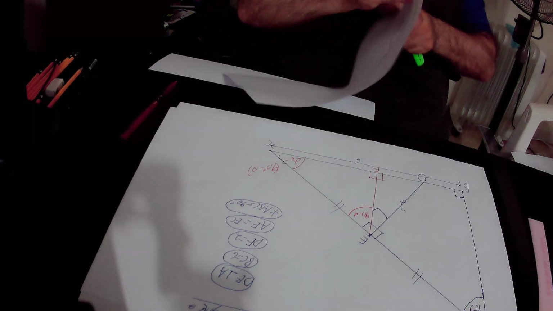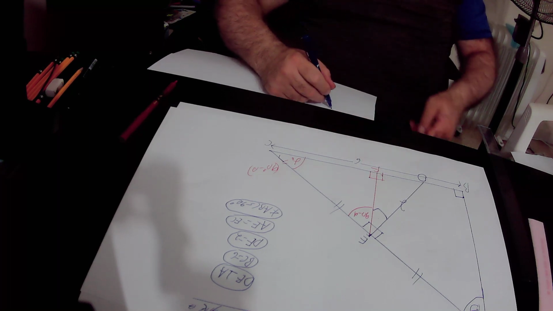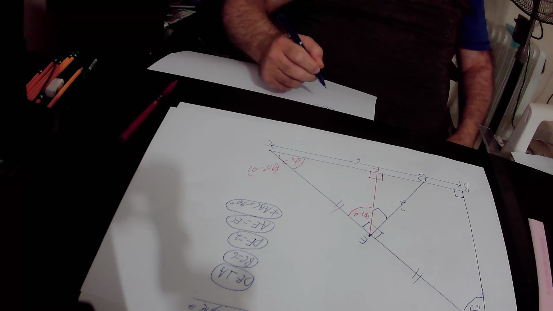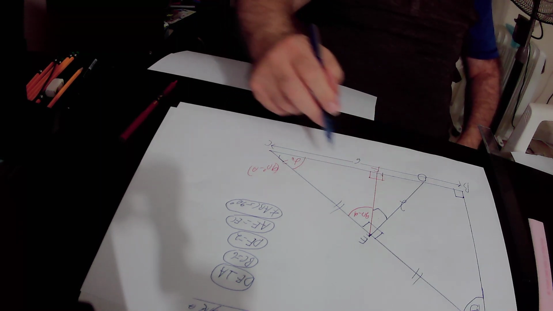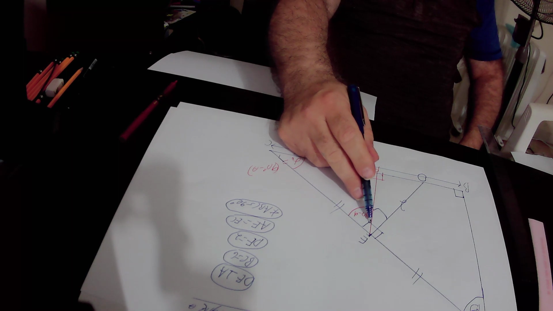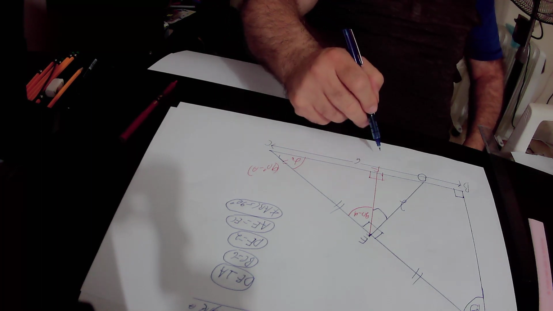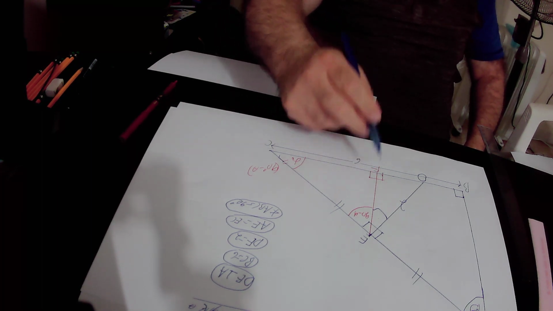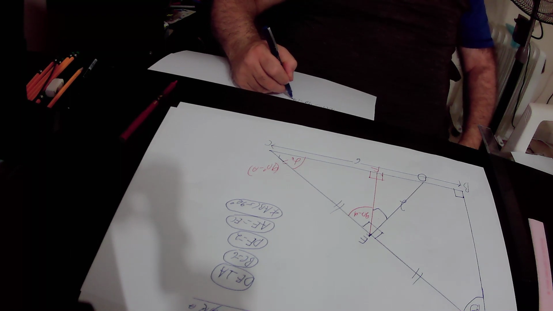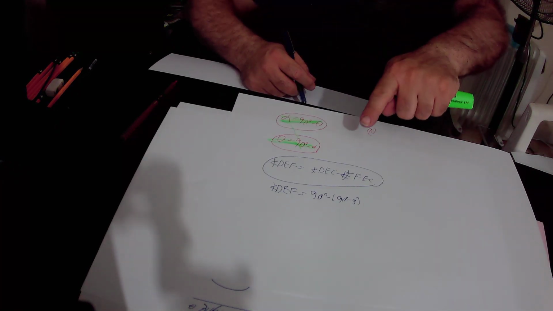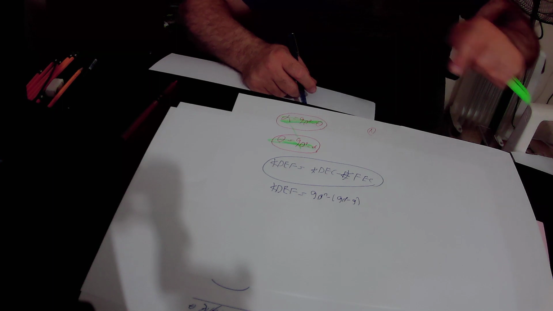So the value of angle DEF, this is the missing angle, is equal to angle DEC, and according to what is given in the question, angle DEC equals 90 degrees. And we have already found out that this angle FEC equals 90 degrees minus alpha. So in conclusion, the missing angle DEF equals 90 degrees minus, in brackets, 90 degrees minus alpha.